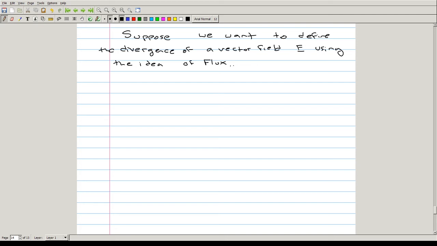Flux is the amount of the vector field flowing normal to a surface.